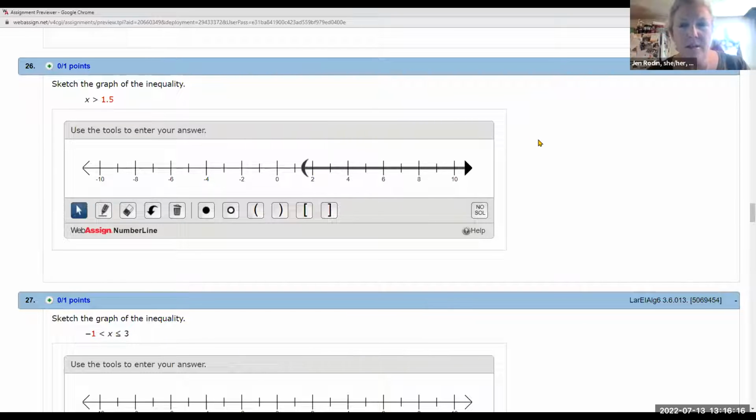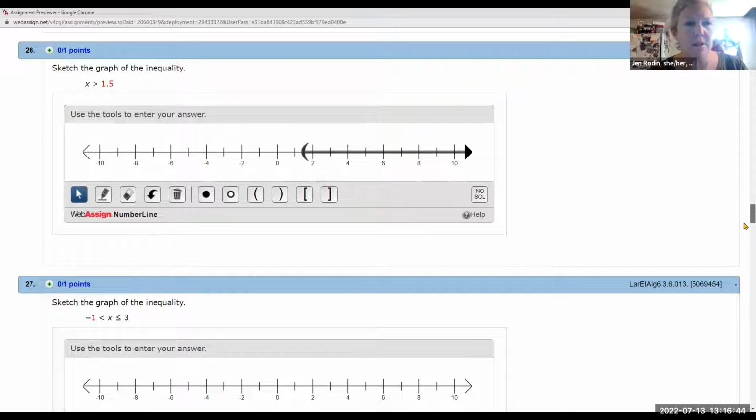It would be nice if they'd update, like Google and Desmos have better. Pearson isn't the greatest either. Both of these are a little bit clunky. So that would be all the numbers greater than 1.5, because I could see here's 0, here's 1, here's 2, here's where 1.5 would be, and shade to the right.